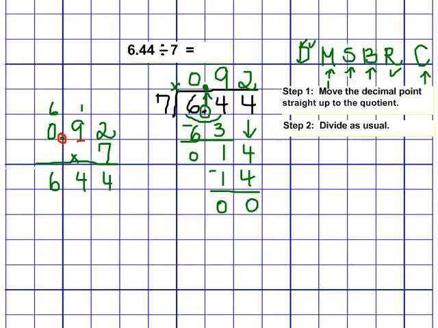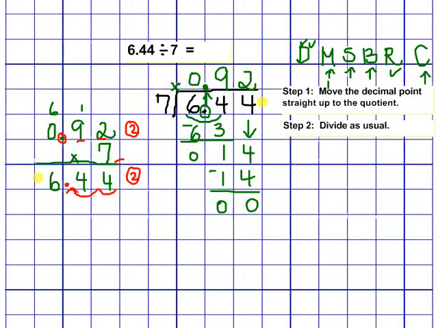Now let's check the decimal point. Right here, I have 1 and 2 spaces after the decimal point. There are no spaces after the decimal point here. And so then in my answer, I need to have 2 places after the decimal point. So that's where my decimal point goes. Let me check to see if my product right here is the same as my dividend right over here.